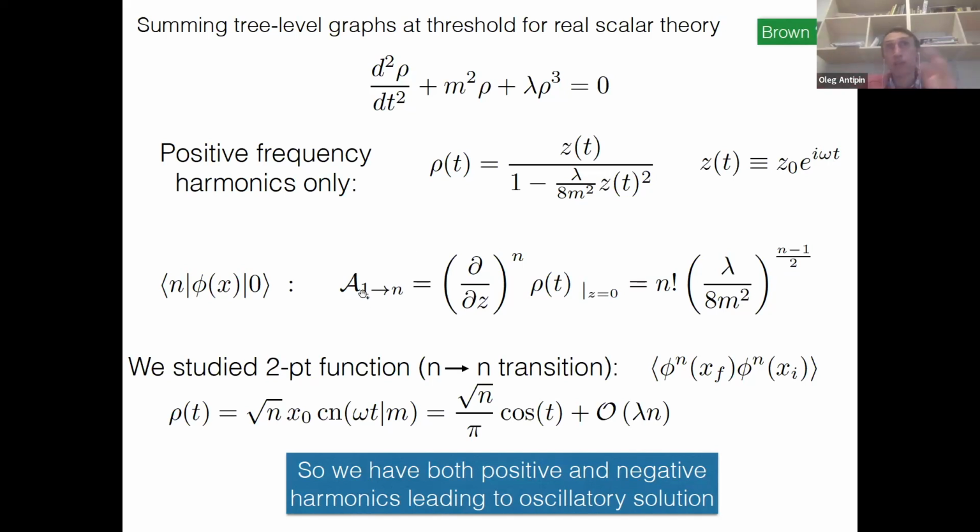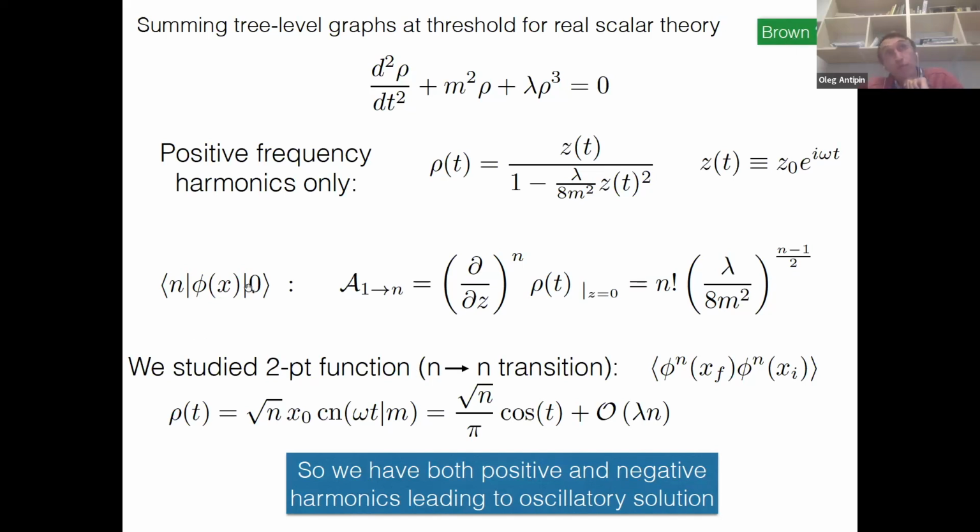The initial state is singular; it's just 1 particle. That's why you retain only positive harmonics. This is the classical solution. You can check it: solve this equation of motion, then differentiate this solution n times, and you produce exactly the result I showed you before for the amplitude. It's very beautiful. It resums to all orders these tree-level graphs. It was done by Brown.